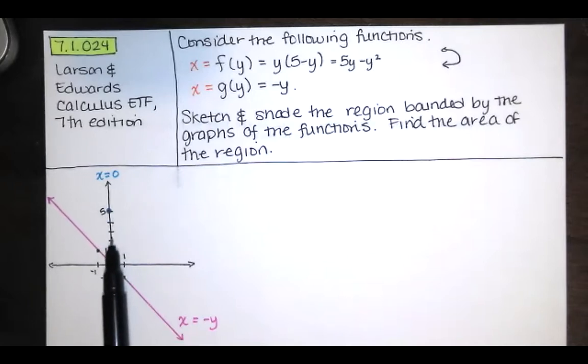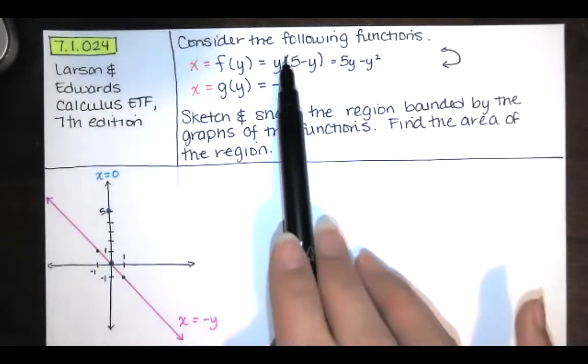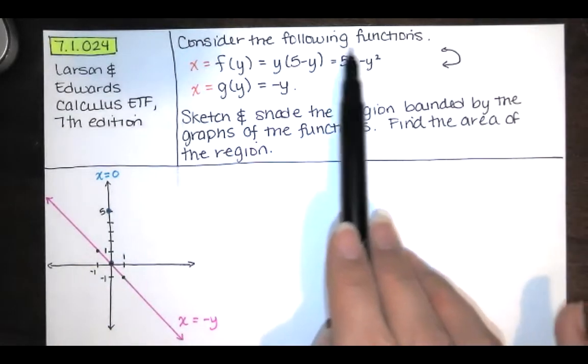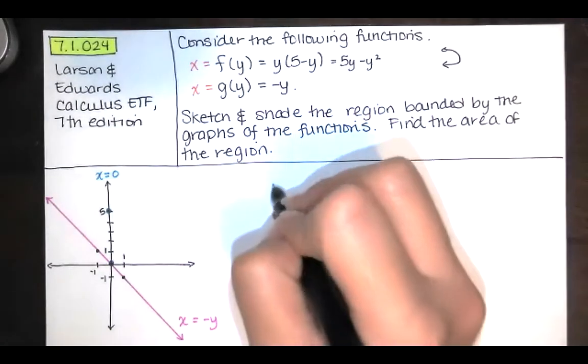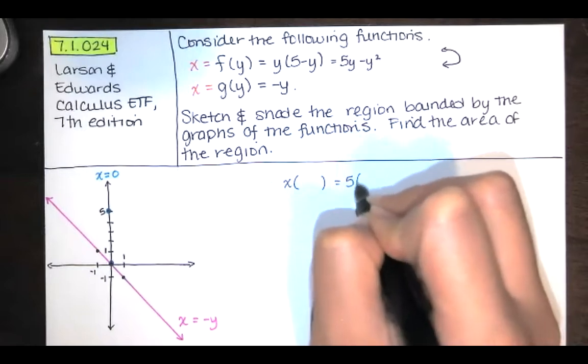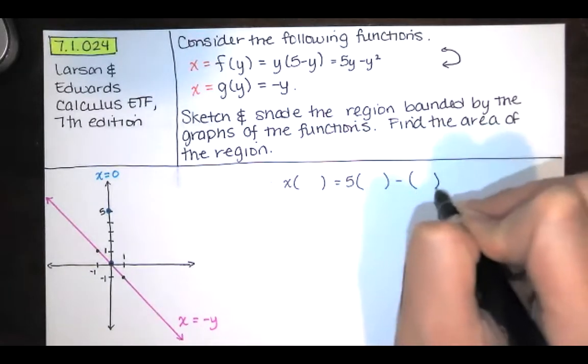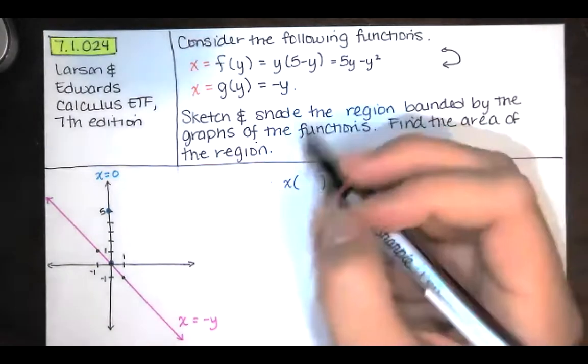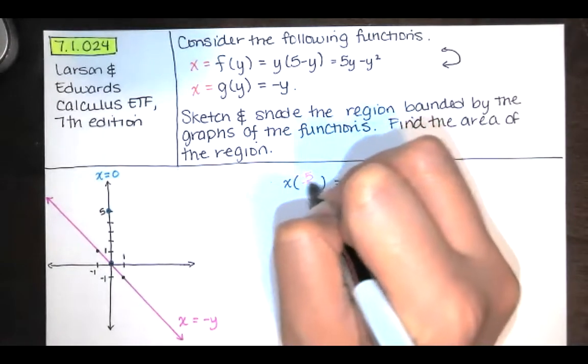So y is going to be 2.5 there. To find out the x value that goes with y equals 2.5, I will substitute y equals 2.5 into this function. So I'm thinking of x as a function of y, and I'm replacing y with 2.5 or 5 over 2.